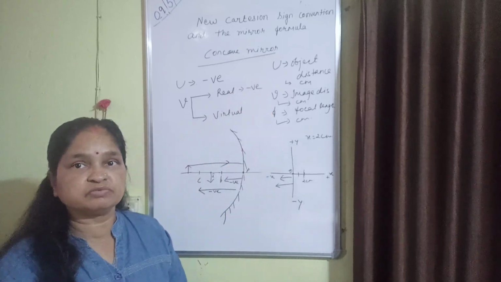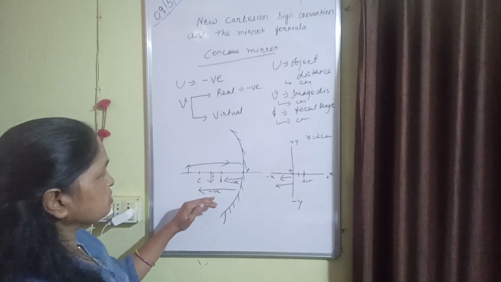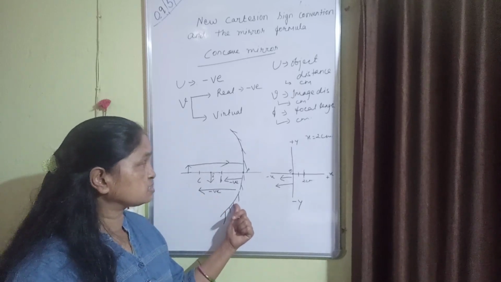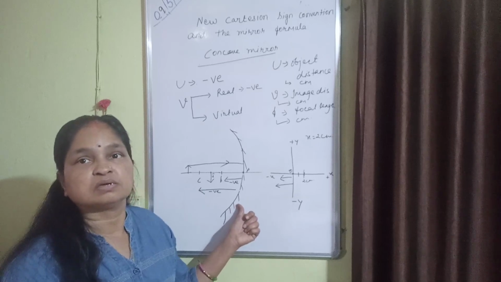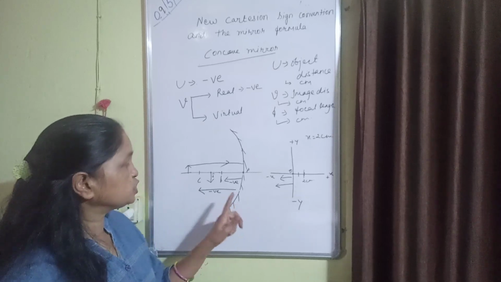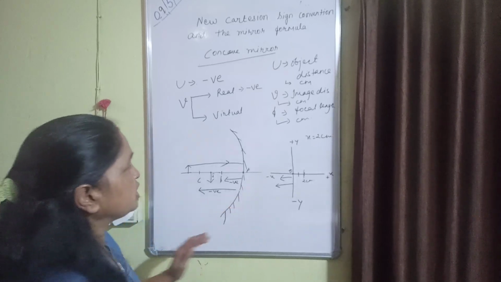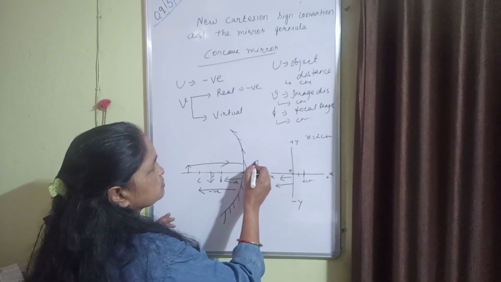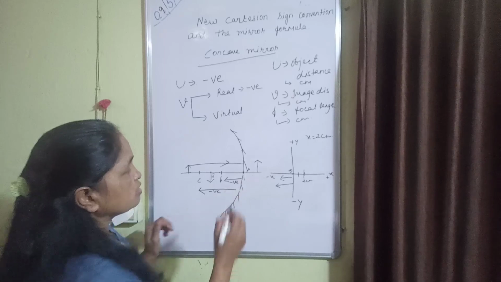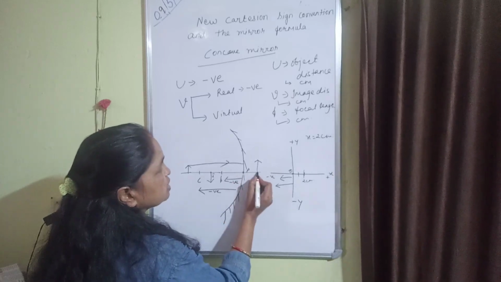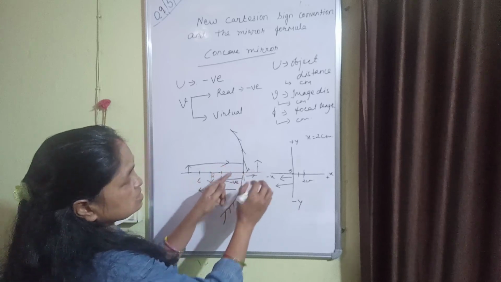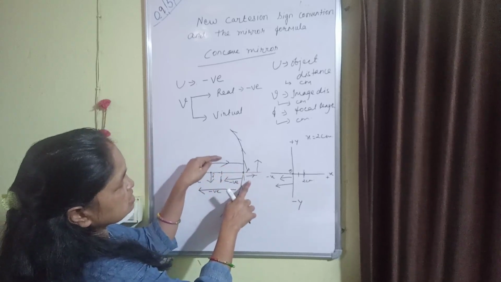Then what happens for a virtual image? A virtual image is forming at the polished side of the mirror. We have done this last class. A virtual image is forming at the polished side of the mirror, anywhere on this side. So from the pole to the image we are going in this direction, the forward direction, the same direction as the incident ray.